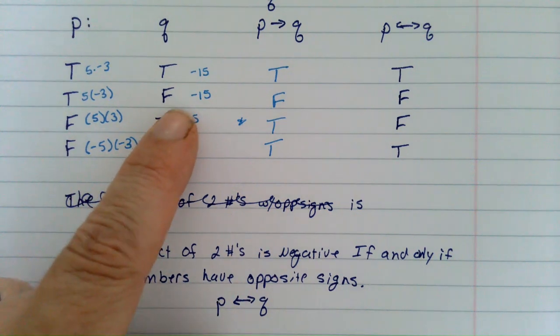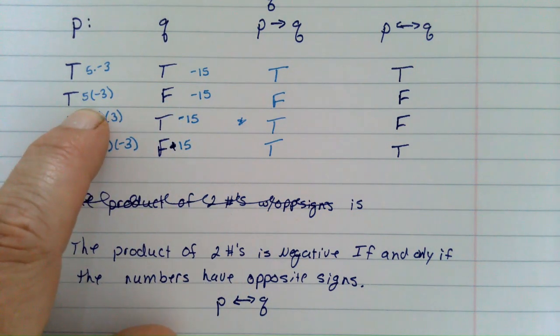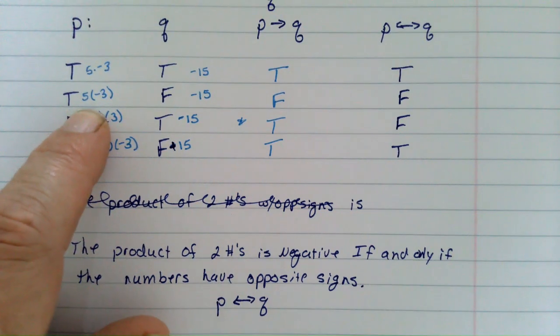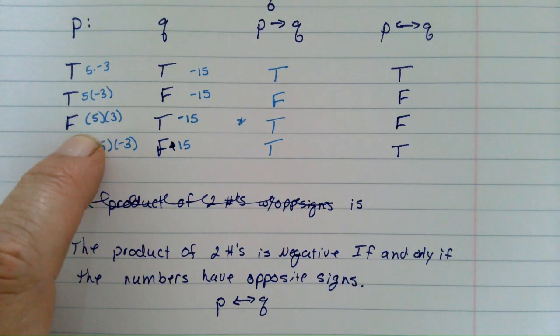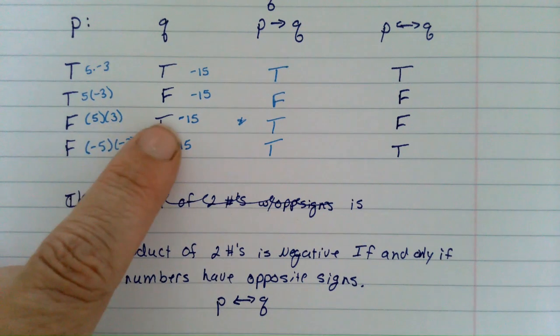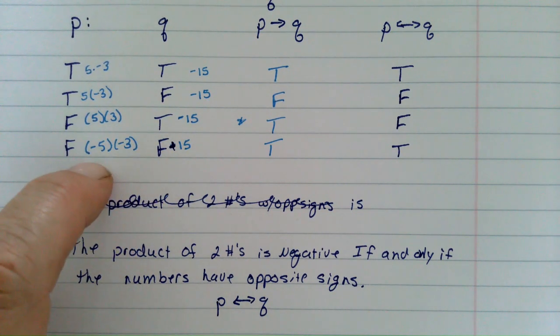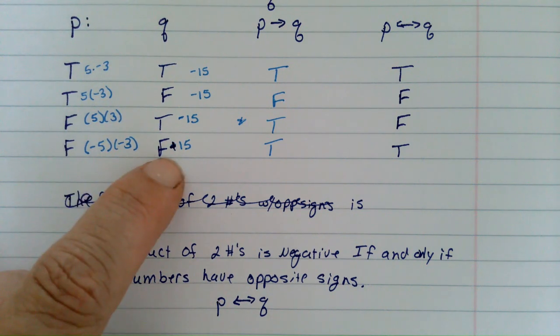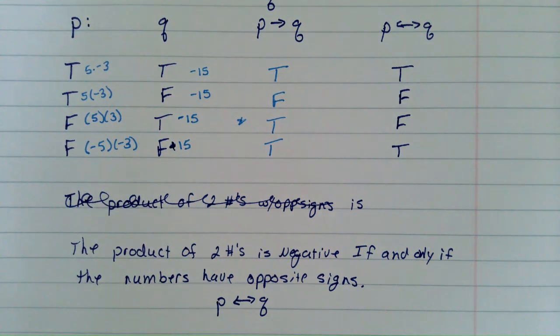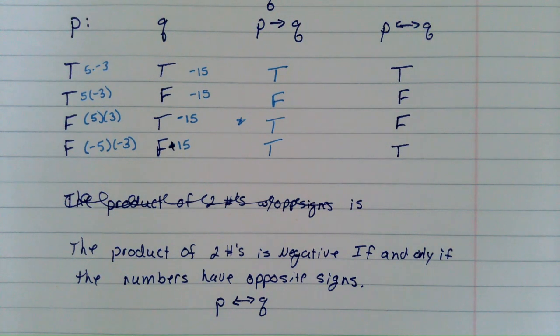So if they're positive, then they had different signs? No. Okay. If they had the same signs, then it's negative? No. If they had same signs, then it's not negative. Oh yeah, that works. So we have to be careful with how we say it, and we have to be really careful because when we go to do true statements with computers, they don't necessarily understand it.